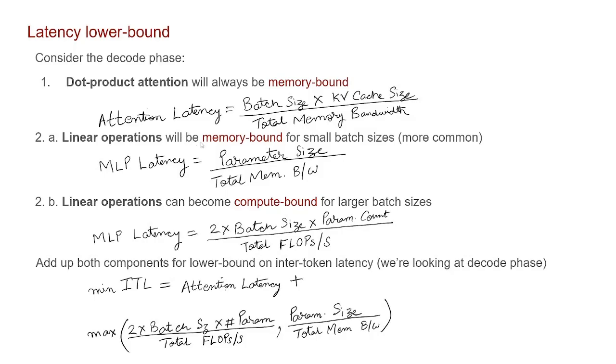For the linear operations, we saw that for small batch sizes, they will be memory bound. And the latency of linear operations, by MLP, it also encompasses the linear projections in the attention module, is the size of the parameters divided by the memory bandwidth.